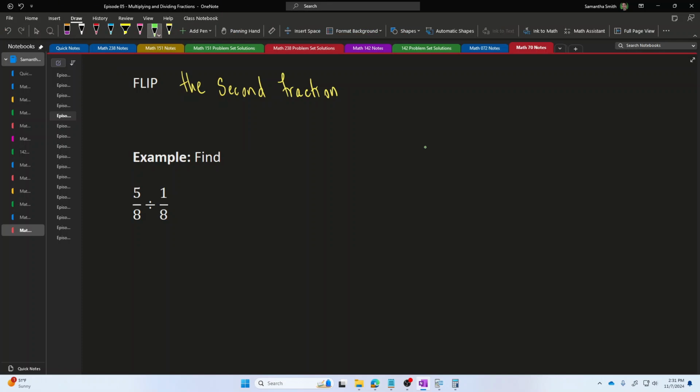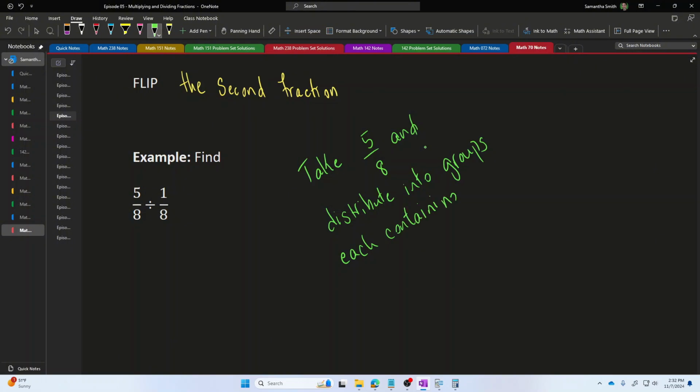Now, if I think about what kinds of physical actions division can be used to represent, I could think about this as take a pile of 5/8 and distribute that into groups, each containing one of those eighths, right?